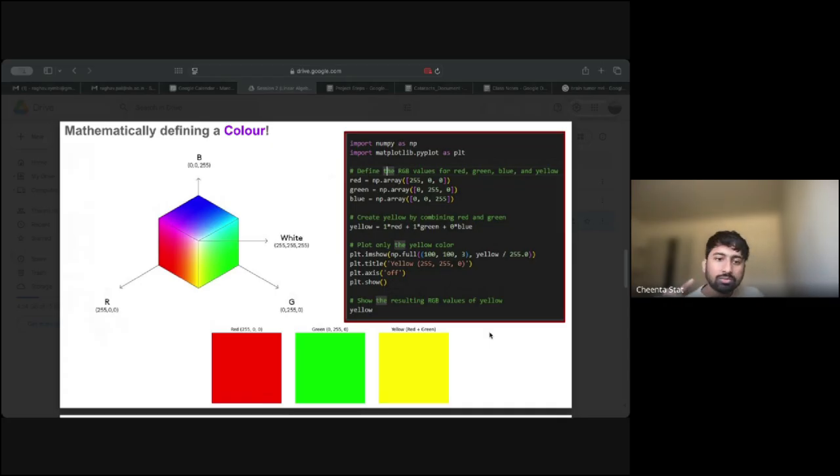So in that cube, you can take any point, let's say 0.3, 0.2. Let me search for an RGB color finder. Just give me a minute.